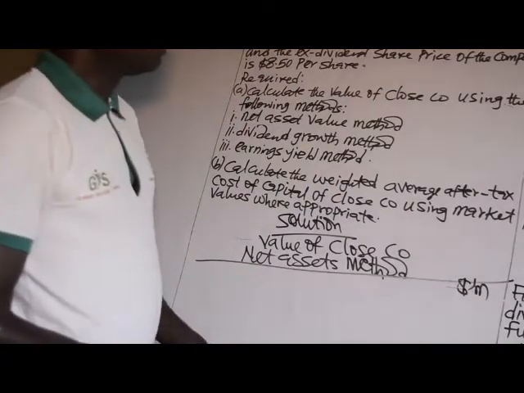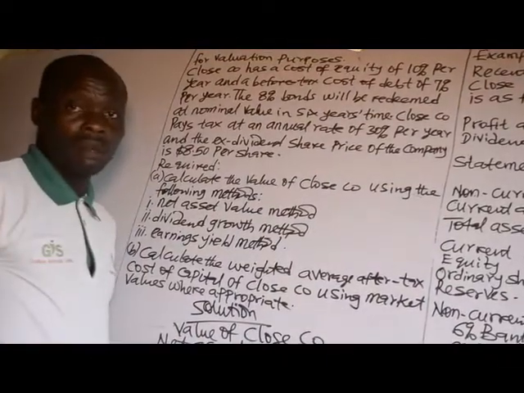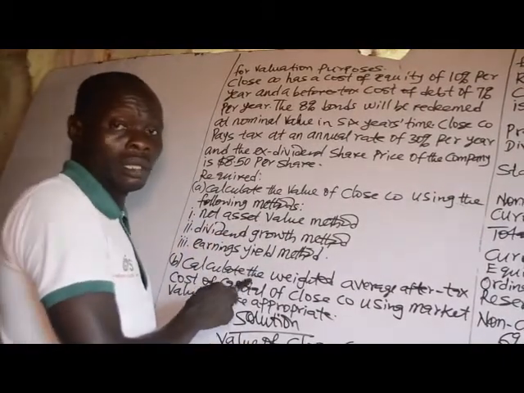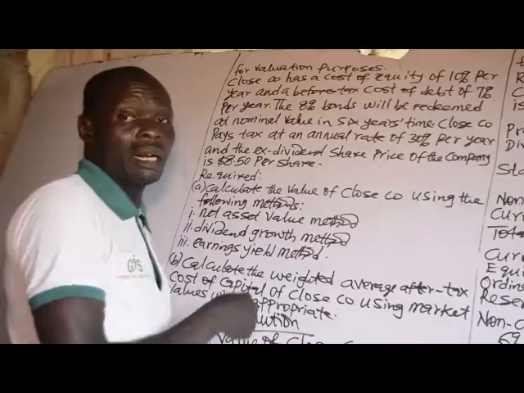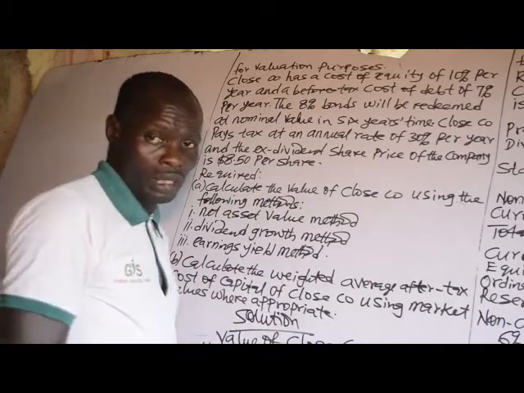So under the net asset method, I've told you that since the market value or realizable value of the asset and the replacement price of the asset are not given, the book value method should be used.